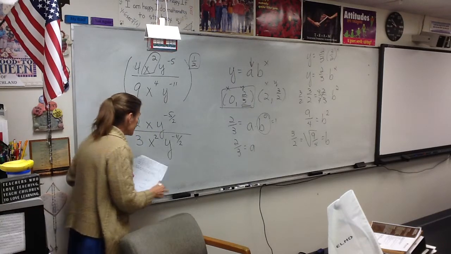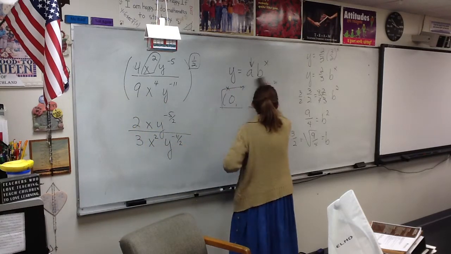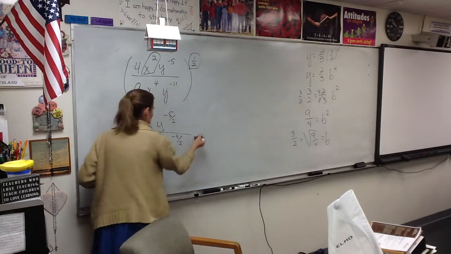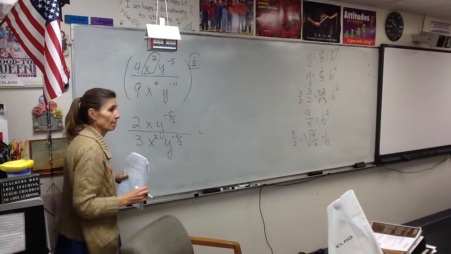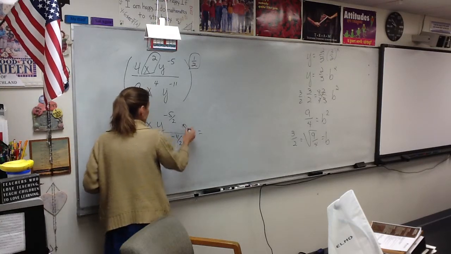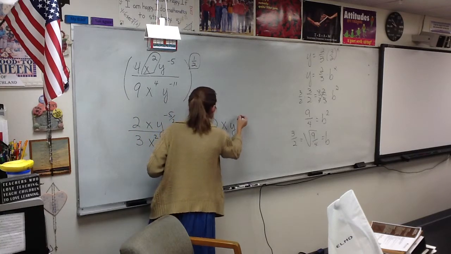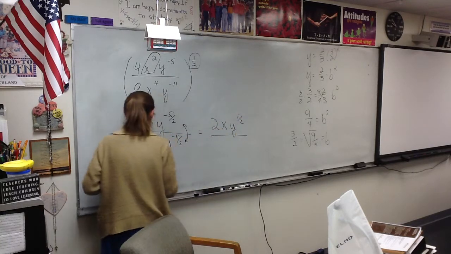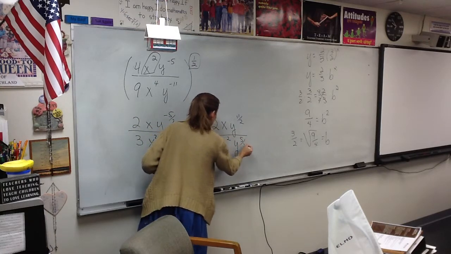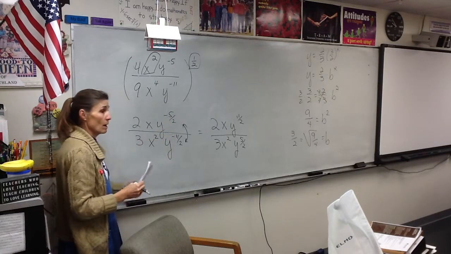All right, now what about this? What's going on here? These guys need to change places because they're both negative. So I'll have 2xy to the 11/2 over 3x squared y to the 5/2. So now I took care of the negatives. Now what?